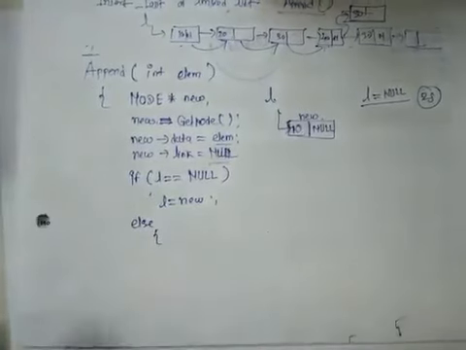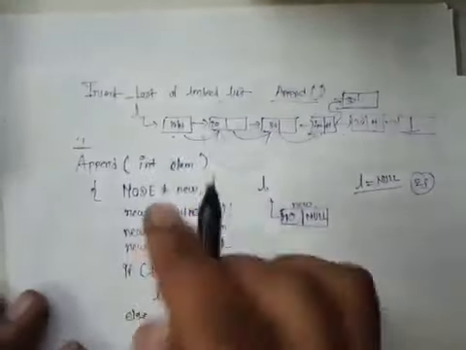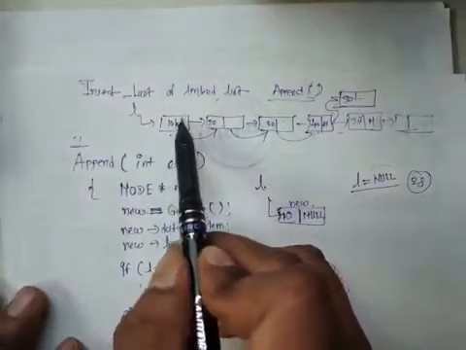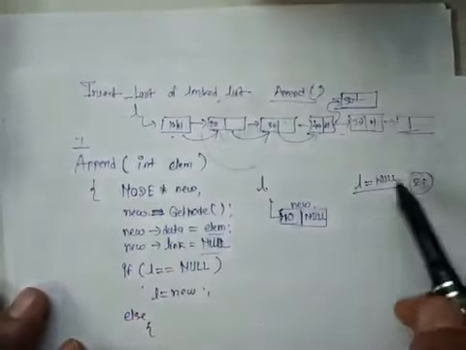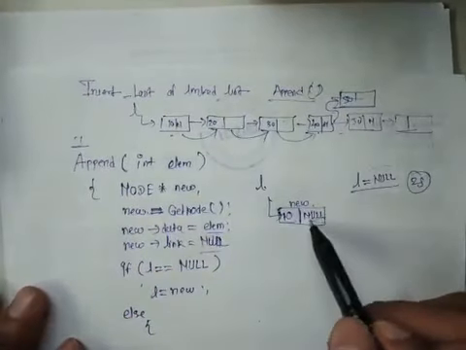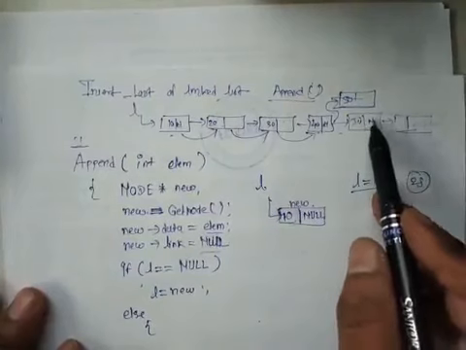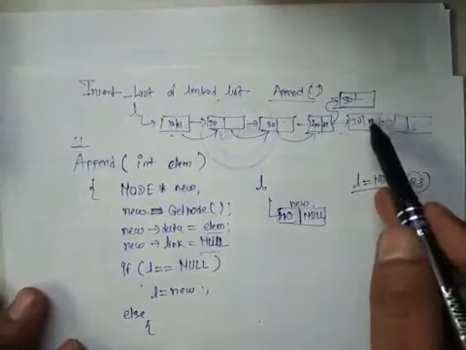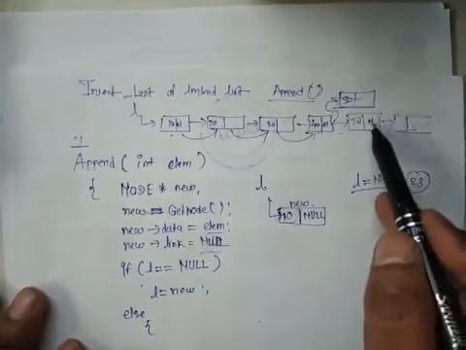In the else part, as we already discussed, if L is not empty, we visit nodes to find the last node. The last node at the end of the linked list is the one whose link part holds the null value.